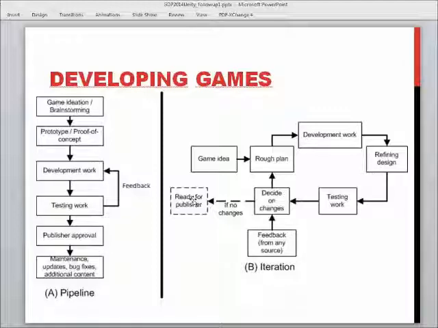But the idea is that we keep working and working and working until we are satisfied with the product and want to make it available, for example, on the App Store or somewhere else, or try to sell it for distribution via Steam, the Steam client system or something similar, or we find a publisher willing to take a risk with the product.